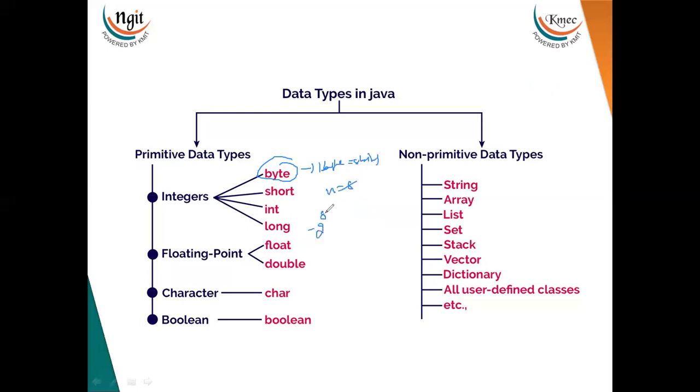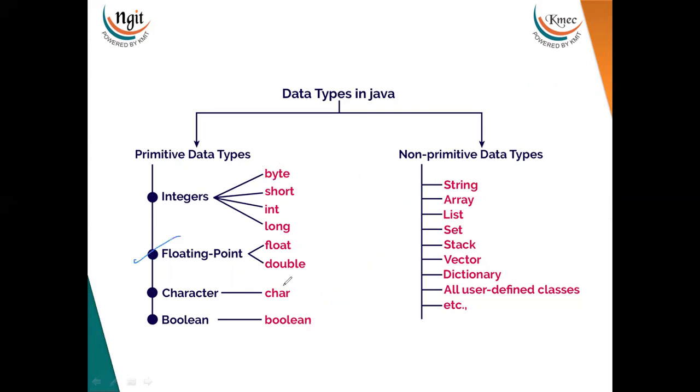Now -2 to the power of 8 minus 1 to +2 to the power of 8 minus 1, minus 1. That is -2 power 7 to +2 power 7 minus 1. Now 2 power 7 is 128, so the range is -128 to +127. This is how we can calculate the range of any data type.